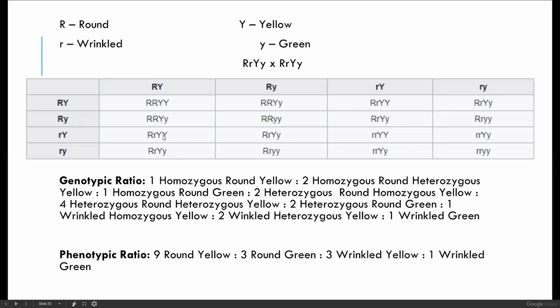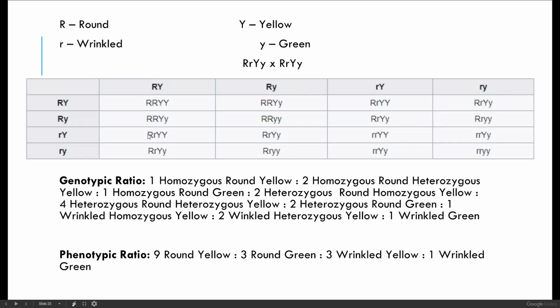So one. Take a look at my cursor. Can you see my cursor? Yes, sir. Okay. This is heterozygous, right? Capital R and small letter r. Correct? And this is homozygous yellow, all capital Y. Yes, sir.